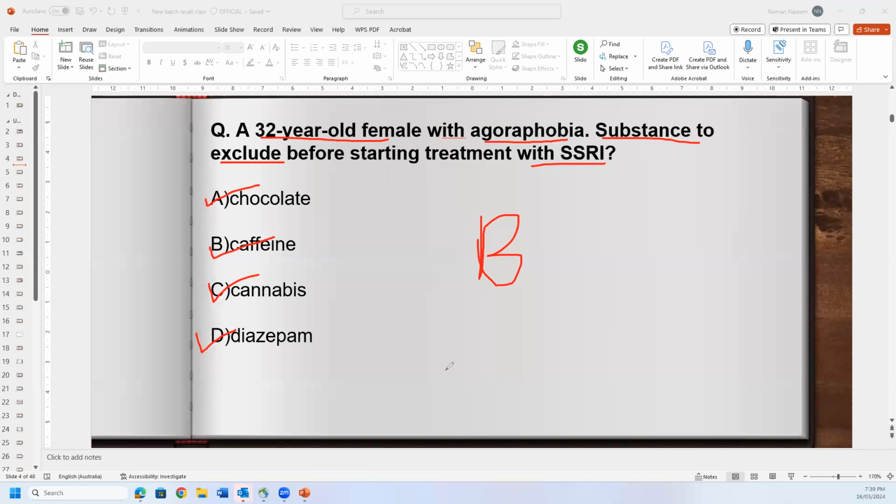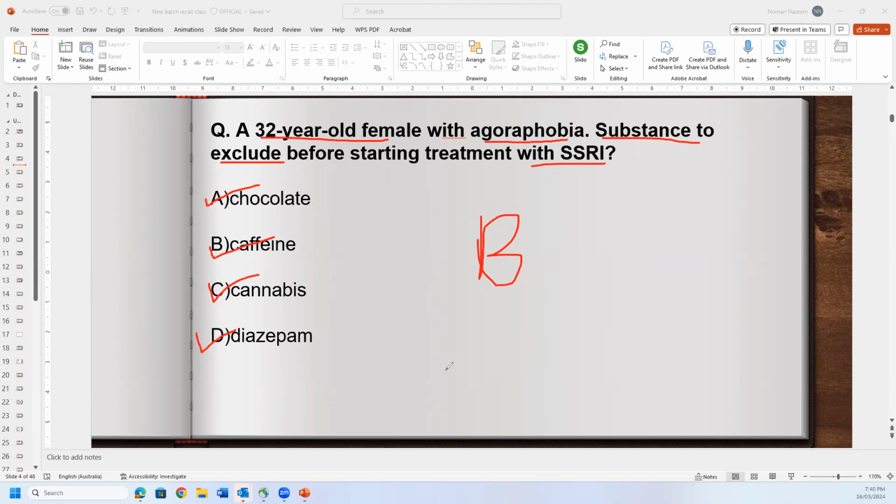P450 system. No. Sleep disturbance. Agoraphobia patients have anxiety. They can do with sleep hygiene, sure, but that's not what they're asking in this question. What they're asking is which of the substances you want to exclude before you start the patient on a serotonin reuptake inhibitor, right?